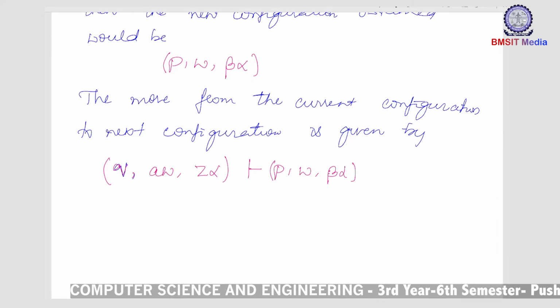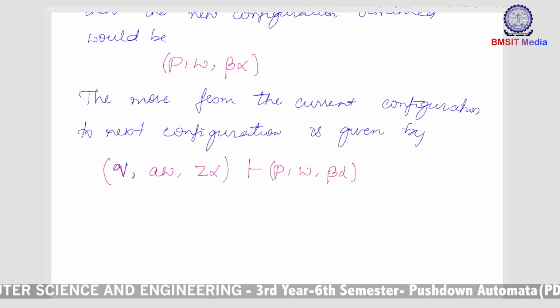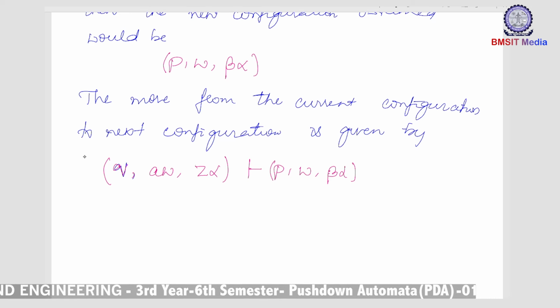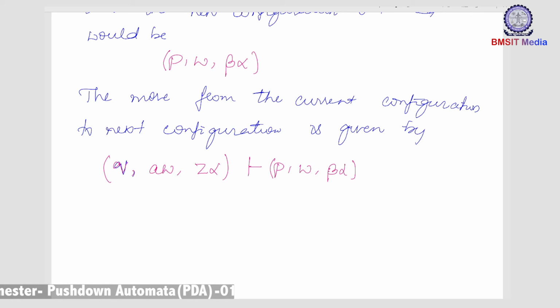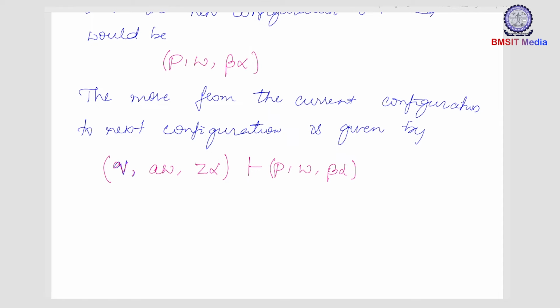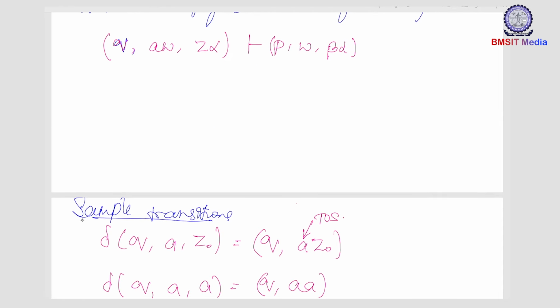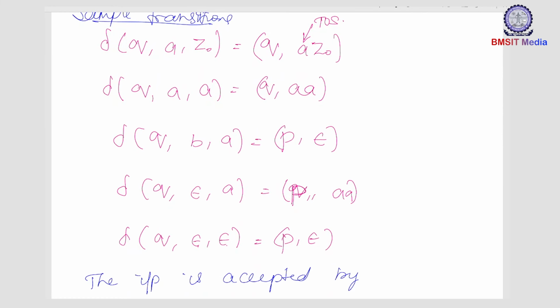So the move from the current configuration to the next configuration is given by (q, aw, Z alpha) makes a move to (p, w, beta alpha). Now, knowing the formal definition of PDA, the definition of move, and the definition of ID, let's see some sample transitions of a PDA.